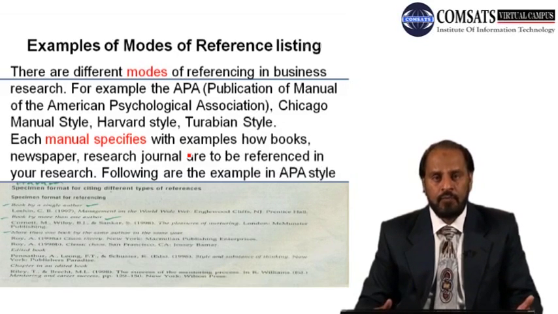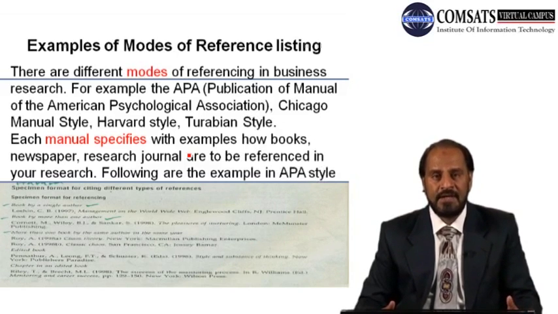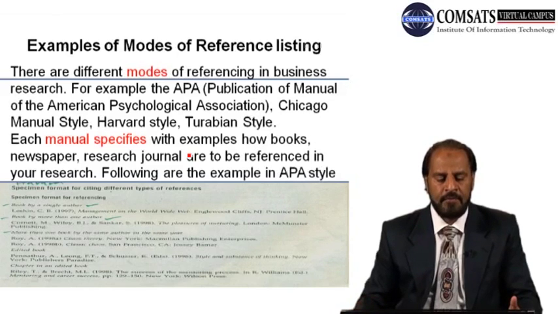And you can follow any one of them, but the book particularly we are using follows the APA style of referencing. I have attached a few examples from the book. Let's have a look at some of these examples.